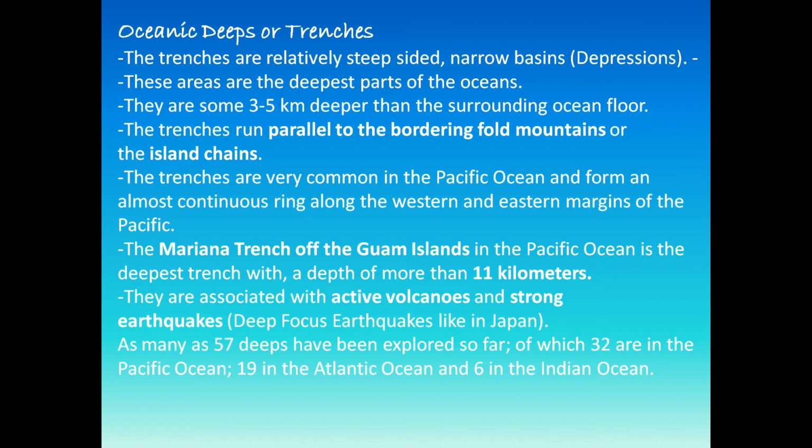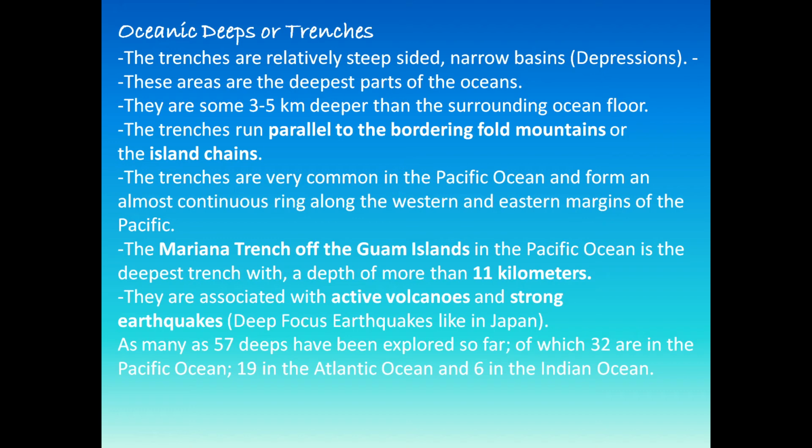The trenches are more common in the Pacific Ocean as compared to other oceans because the Pacific Ocean has a fault on all its sides. In class 9 you studied about the Pacific Ring of Fire. So the Pacific Ocean is broken on all sides and keeps moving apart and tearing apart. Because of this tearing it has more trenches.